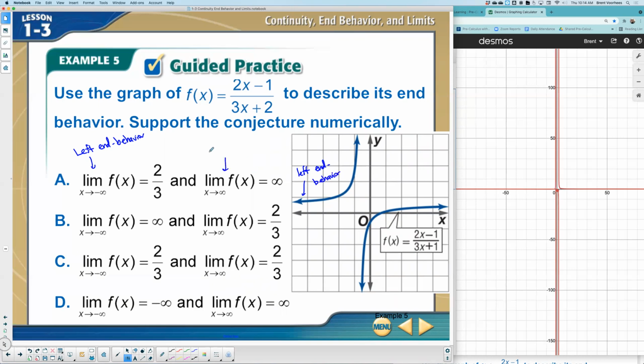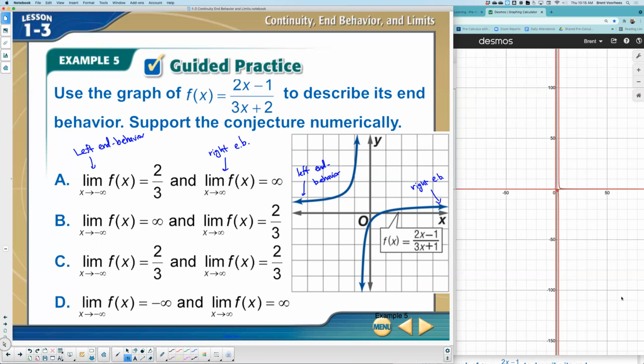This limit is the right end behavior. I'm just going to write right end behavior. This arrow is talking about the right end behavior. So that's where you're looking.